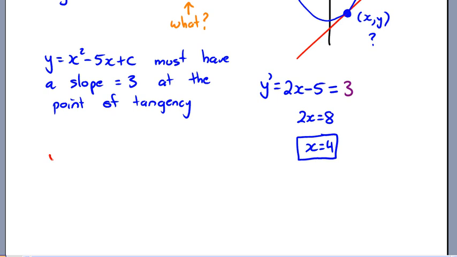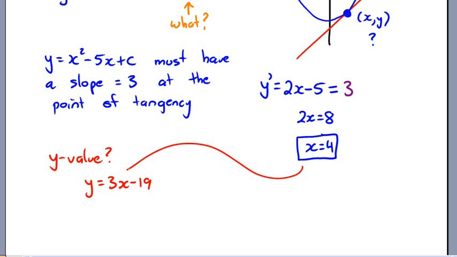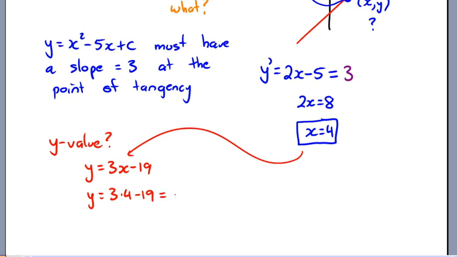So next step, what's the y value? Not too sure. Well, I do know that the point of tangency is also on this line, 3x minus 19. Let's take 4 and drop it into there. 12 minus 19, that's a negative 7.